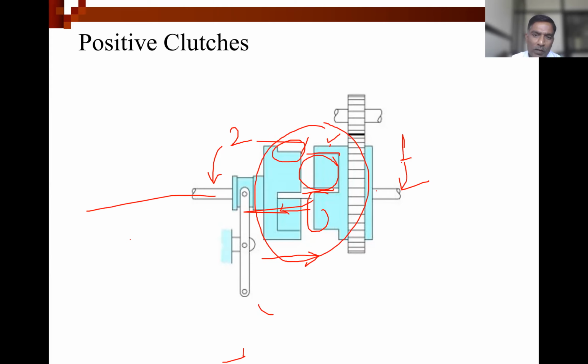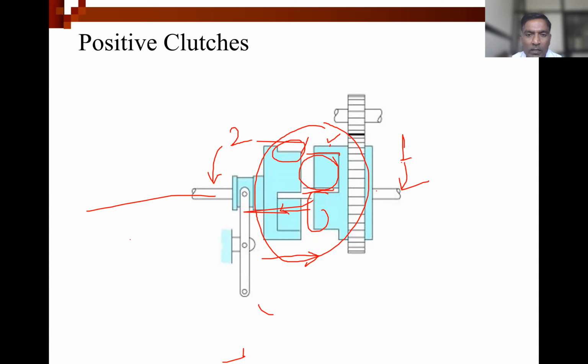But in the case of frictional clutches, there is sliding, so there will be some transmission losses. Whatever torque is available at the flywheel will not be transmitted 100% to the clutch gear.